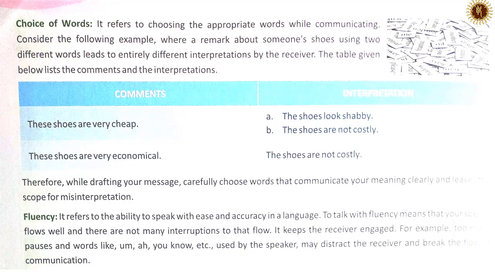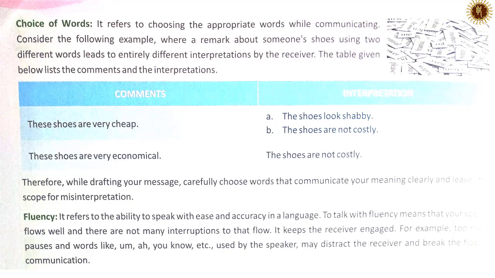If the comment is, "These shoes are very cheap," the receiver may understand that the shoes are looking very shabby, or that the shoes are not costly. So the use of words should be proper so that the receiver interprets correctly and clearly.